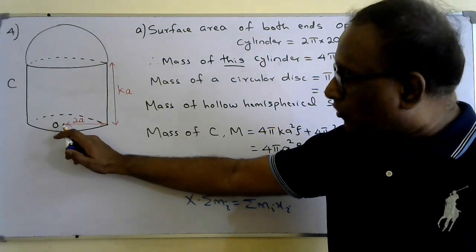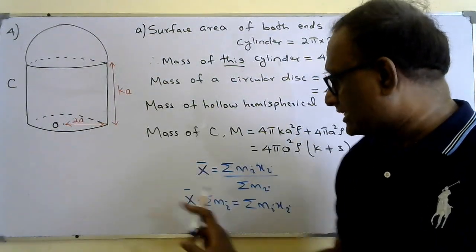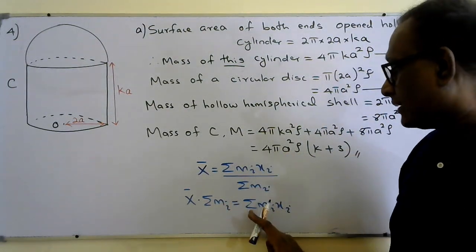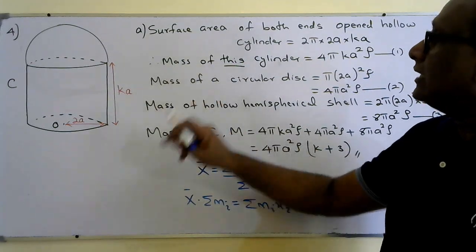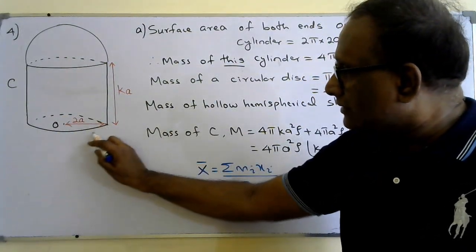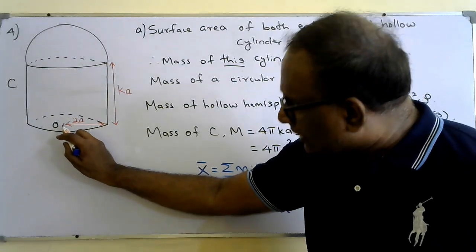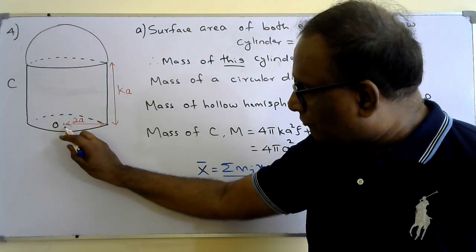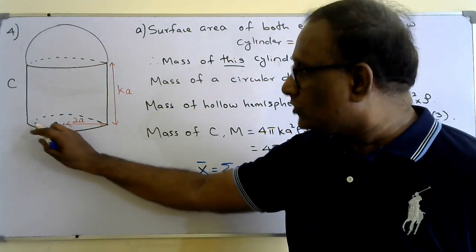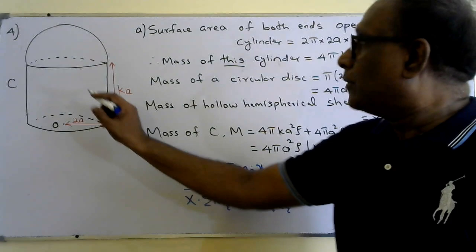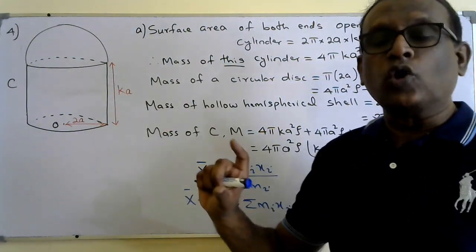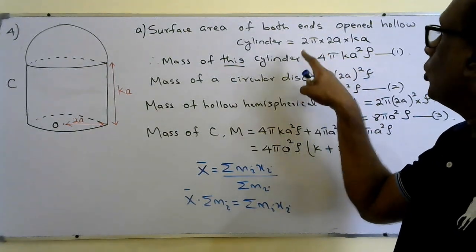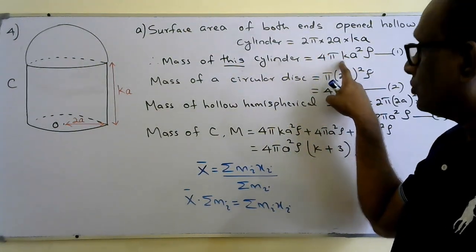So center of mass from O for the C, I took it as x bar into sigma mi, the total mass. Then m1, the mass of the bottom surface area, that is the disk, that is at O. So the distance of the center of mass of the base disk from O is going to be 0. So 0 into that mass plus the mass of the hollow both ends open cylinder that we found, 4 pi Ka squared rho.